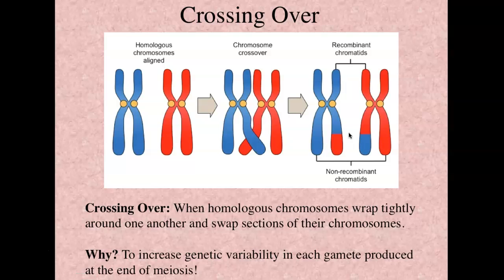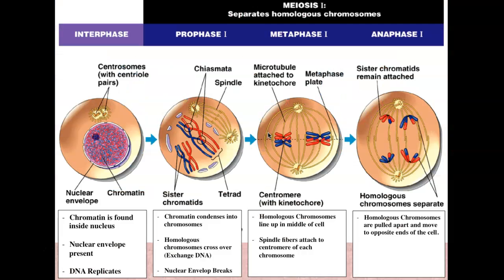The reason we do this is that we need to increase genetic variability in each gamete produced at the end of meiosis. This process of crossing over is what allows us to produce 4 genetically different sex cells. Again, this is crossing over and it occurs in prophase 1.